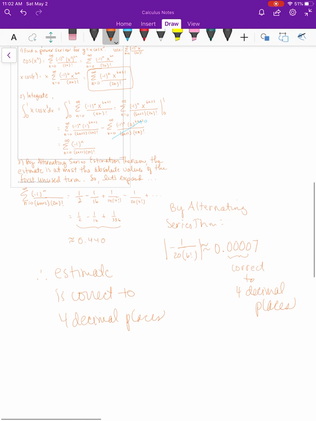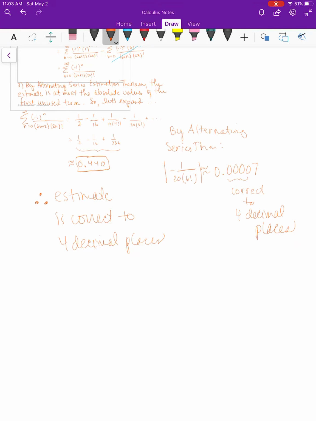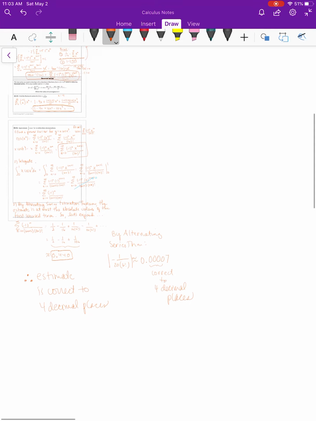And I know this is new, but that's what they're asking us. So approximate that to within 3 decimal places. Well, there it is. And I know that it's a good approximation. It's exactly the same for 4 decimal places, so that means it's exactly the same for 3. So this is exactly what that would give you.